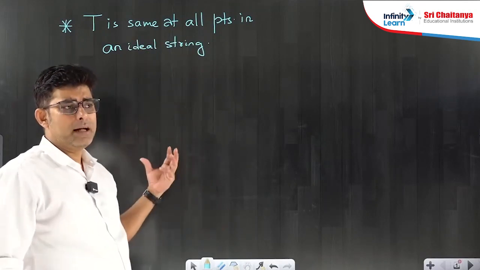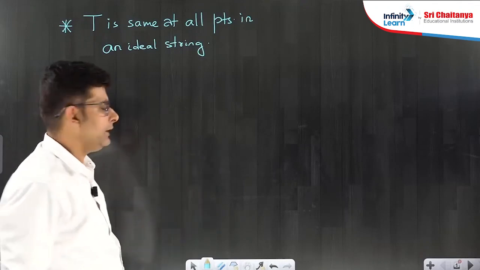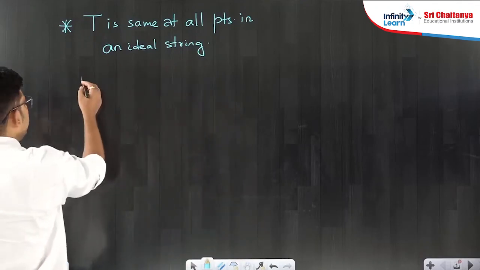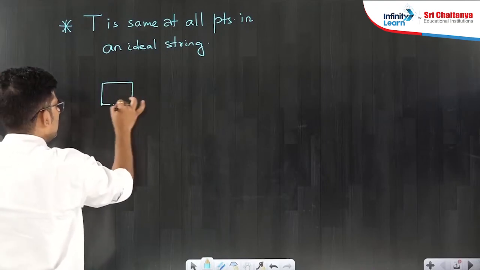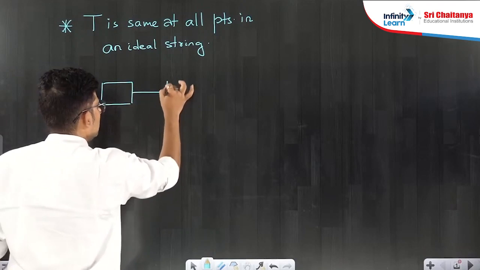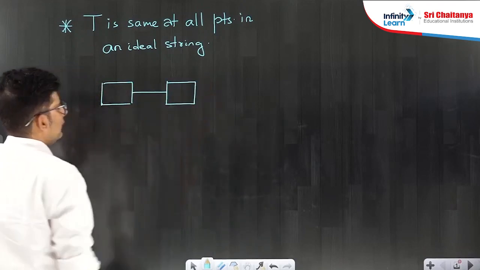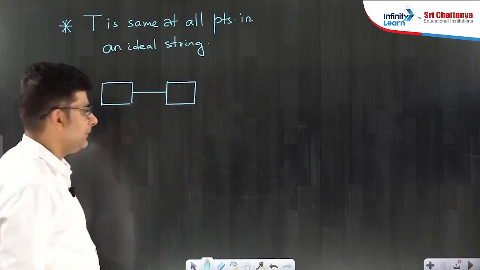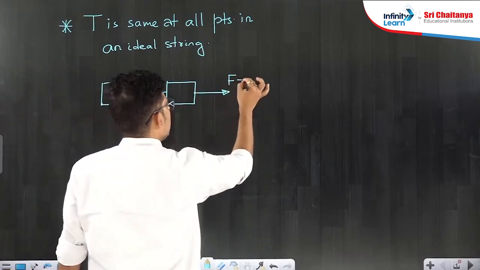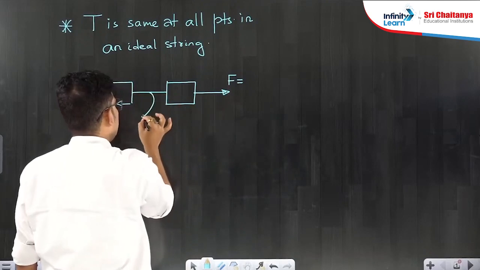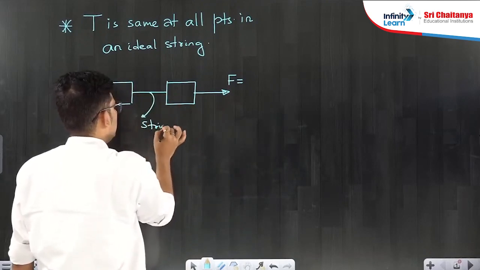So after the examples we saw yesterday, we will take quickly two more examples to find the tension. Suppose we have blocks as given, and you are applying some force. Here we are seeing a string, an ideal one.